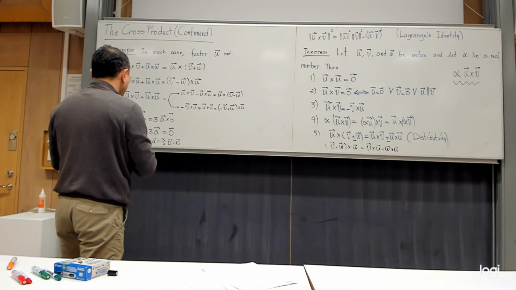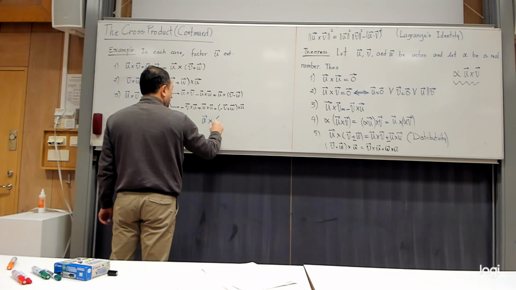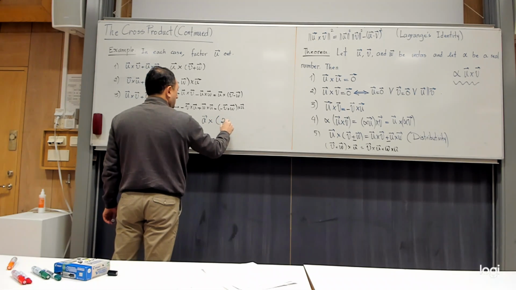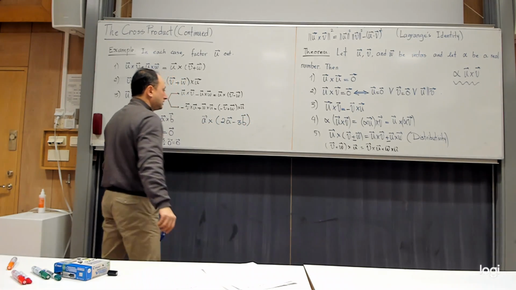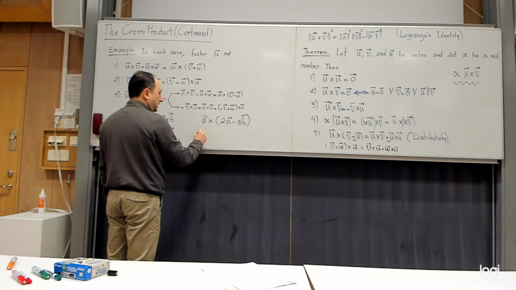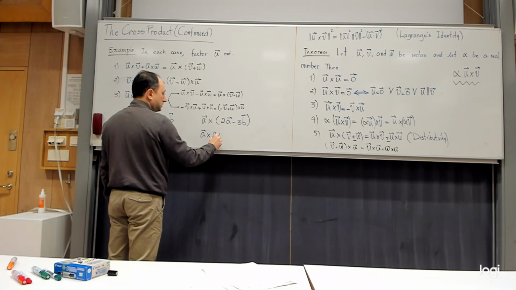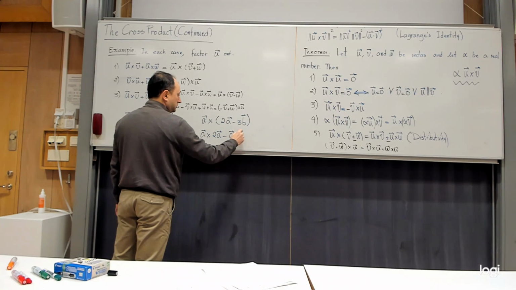For example, what do you think about this? A cross product by 2a minus 3b. What can I do? I can use distributivity, so I can write a cross 2a minus a cross 3b.